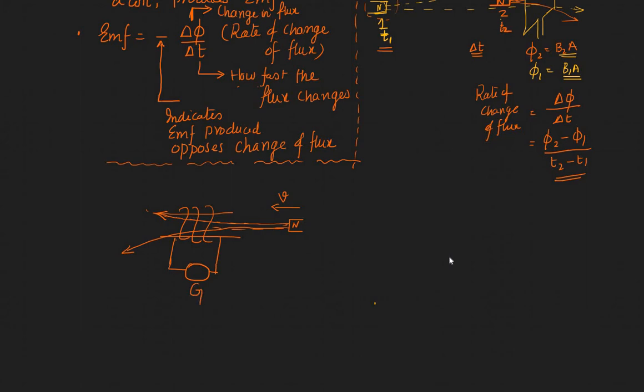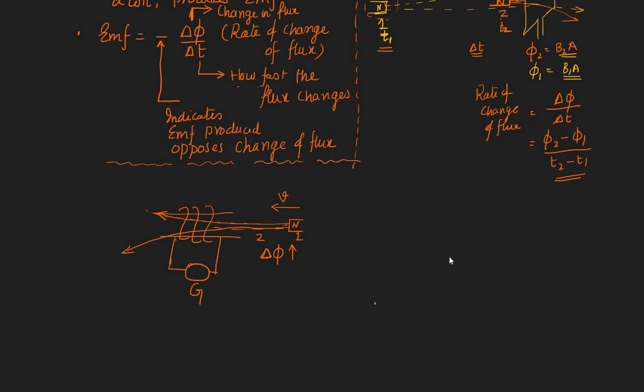So the question is, what does Faraday's law say? It says that with the changing flux, that means as the magnet is moving towards a coil, the flux through the coil, which is delta phi, is increasing. So there are more flux lines as it moves from position 1 to, let's say, position 2.